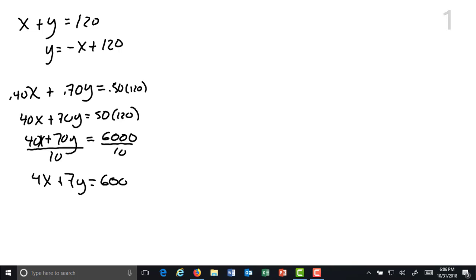So I want the y by itself, right? So I'm going to have 7y equals minus 4x plus 600. Do you see that? Now, it's not in the form that I want. I'm going to divide by 7, correct? Somebody say yeah. So if I divide by 7, I'm going to have the y here, and I'm going to have the minus 4 divided by 7x plus the 600 divided by 7.